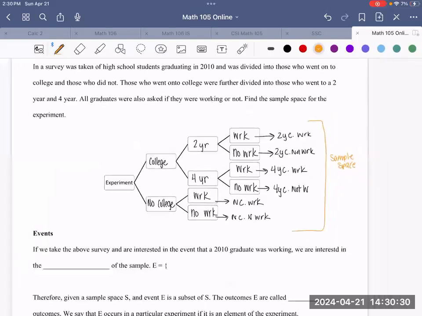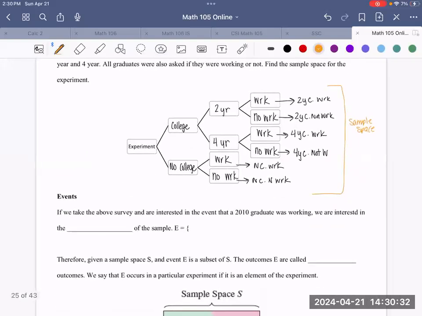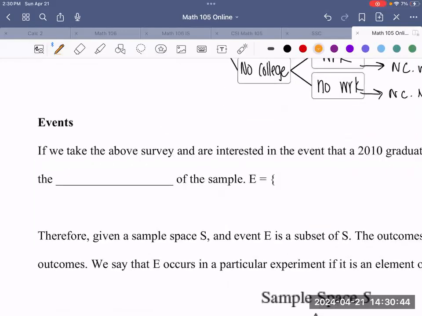So let's talk about events more specifically. If we take the above survey and are interested in the event that a 2010 graduate was working, we are interested in a subset. Remember that word from chapter 6.1, a subset, a set that is contained in a bigger set.